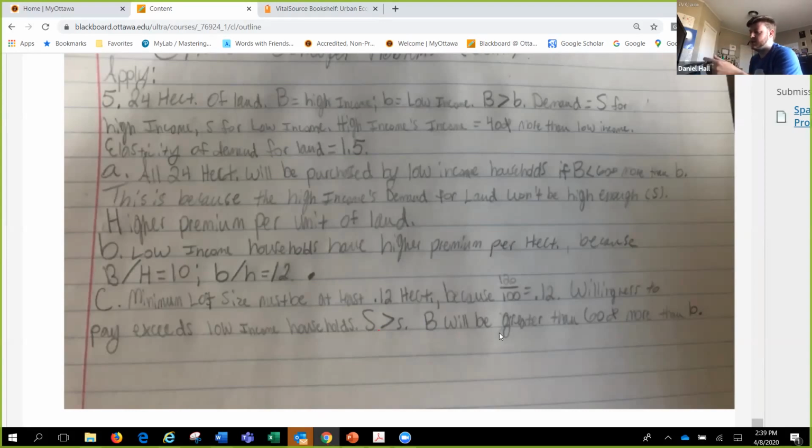So if big B willingness to pay is 60% greater than little b, then big B is going to outbid.